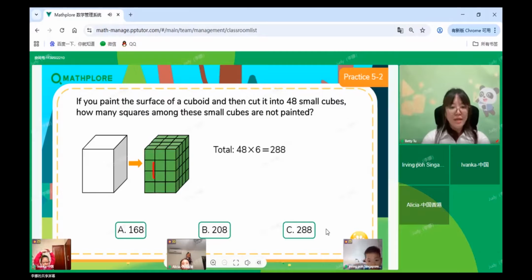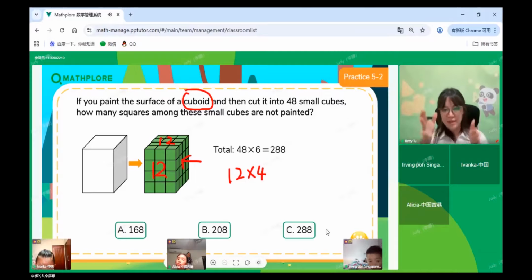And how many sides in this cuboid? 6. This is a cuboid, not a cube. See, this side is good. Front to back, up to down, 4, right? And take a look at this one. How many squares are there?